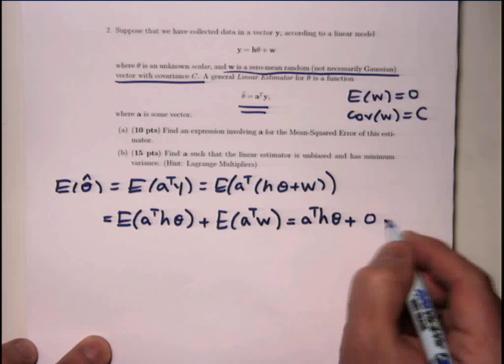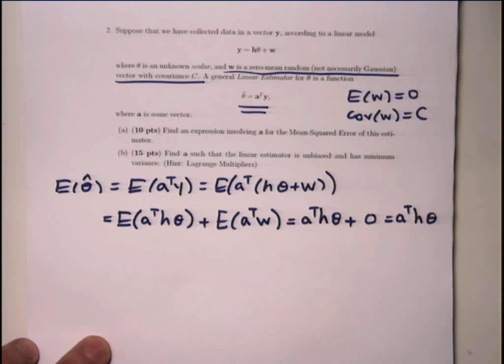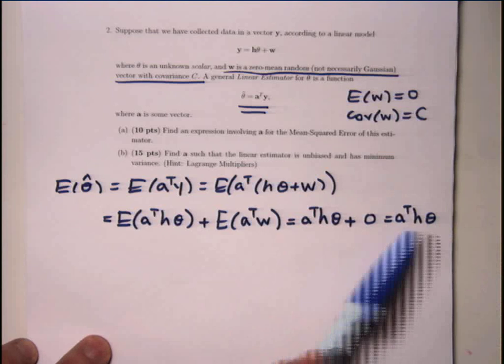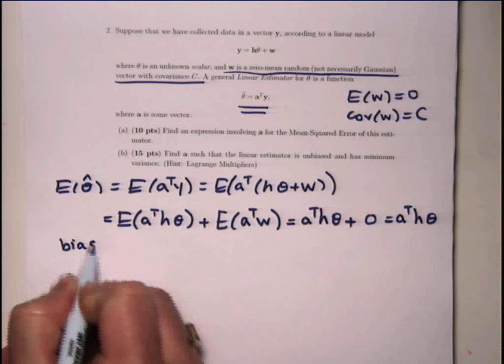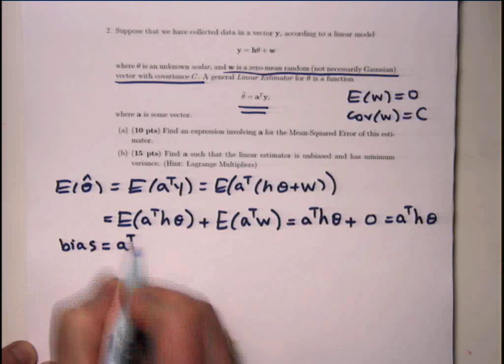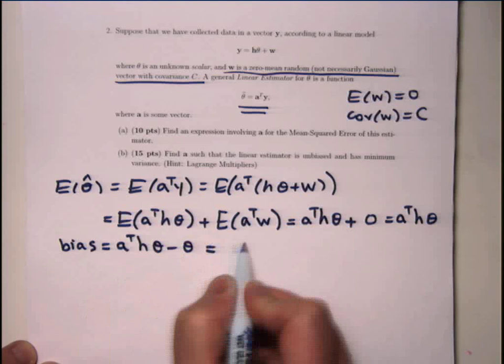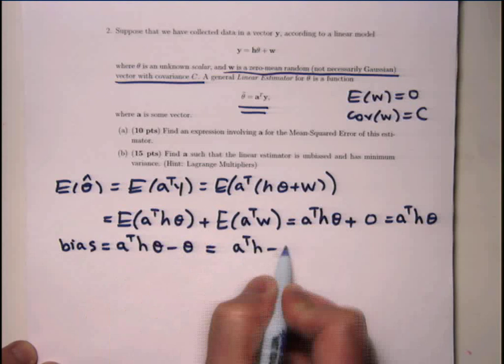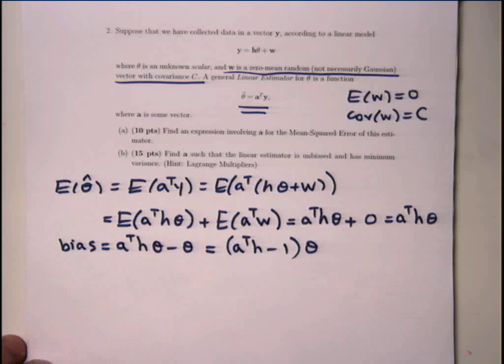So this is A transpose H theta. So what you see is that the estimator is not unbiased. So the bias of the estimator is A transpose H theta minus theta, or A transpose H minus 1 times theta. Okay? So it's not unbiased.